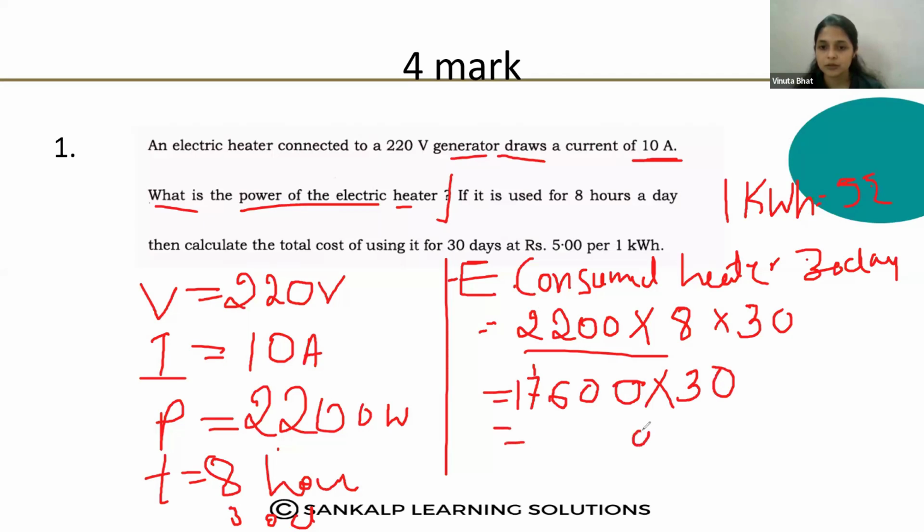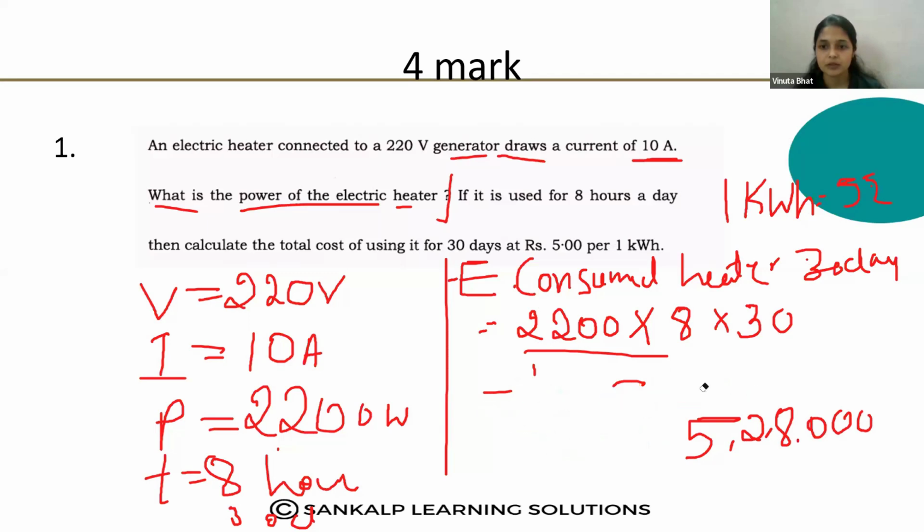So the total is 528,000. Just multiply it, 5 lakh 28,000, watt hour.